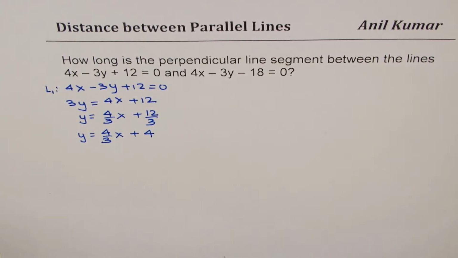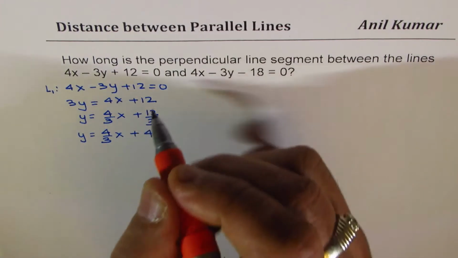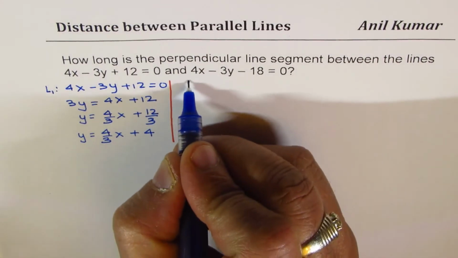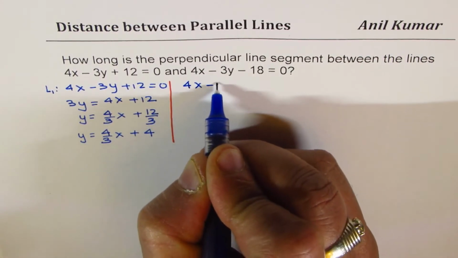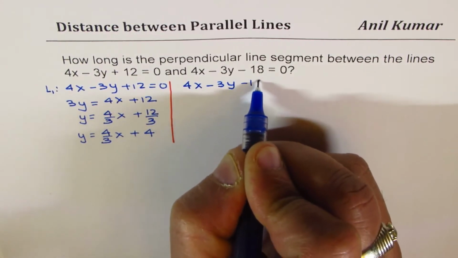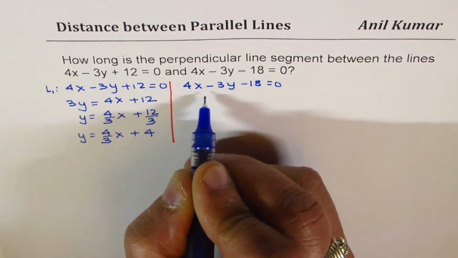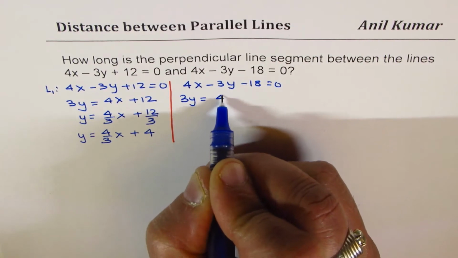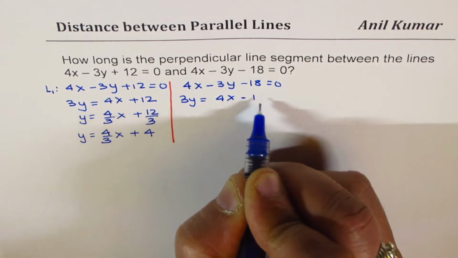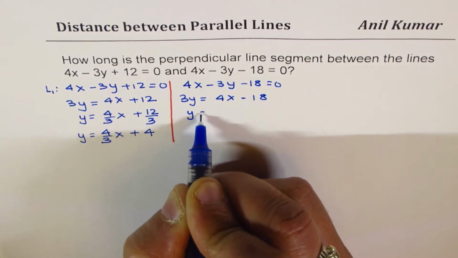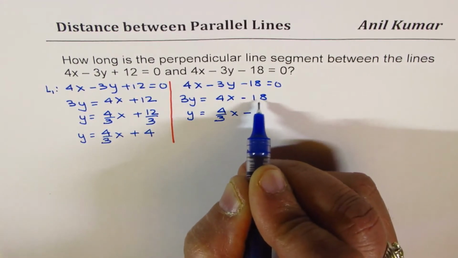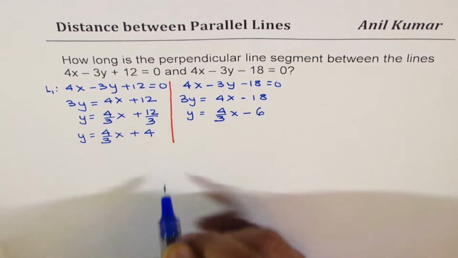And now let's find the equation of the second line in slope and intercept form. The second line is 4x minus 3y minus 18 equals 0. Rearranging gives us 3y equals 4x minus 18, or y is 4 over 3 x minus 18 divided by 3, which is 6.